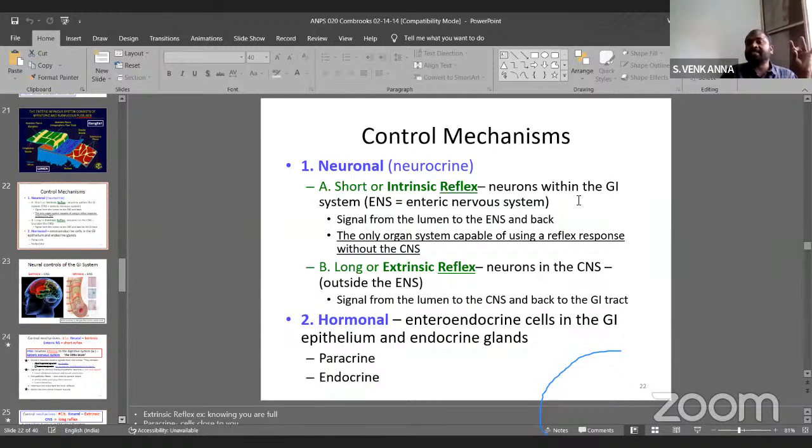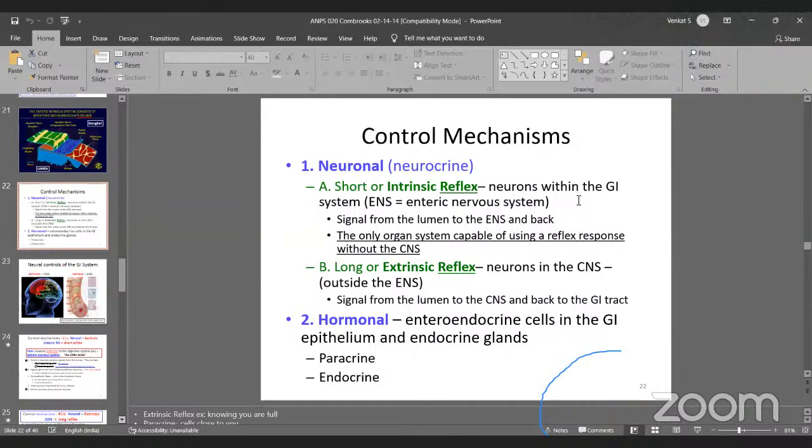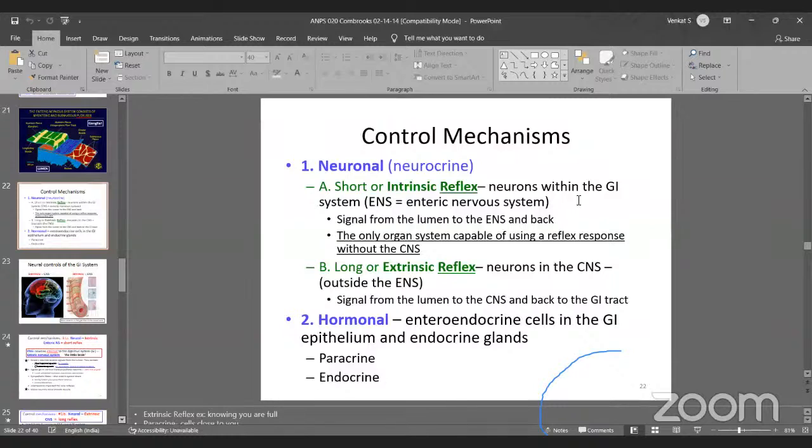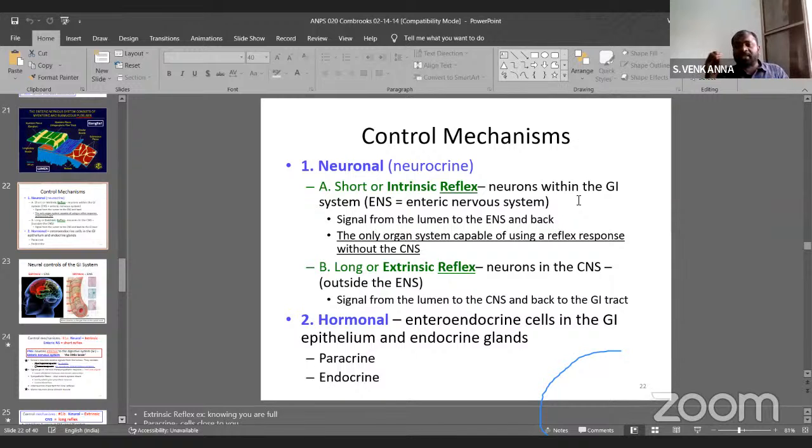This is the primary intrinsic reflex. Intrinsic reflex means receiving communication. The source receiving it is the intrinsic nervous system of the gastrointestinal tract. The main object is a signal from the lumen to the ENS, the enteric nervous system, and back.